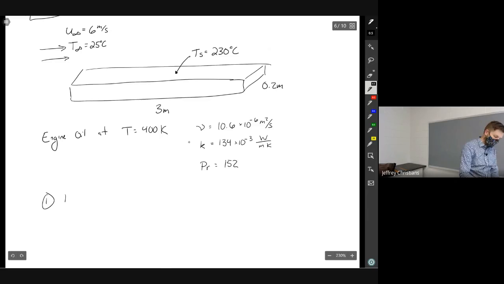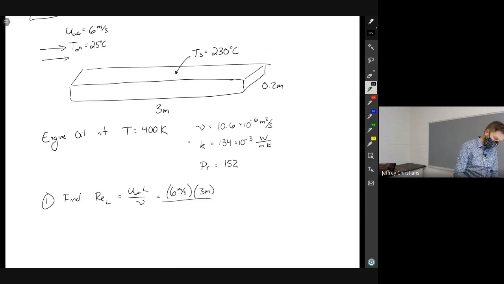So step 1 is find the Reynolds number at the end of the plate to see what type of flow it is. It's certainly going to be laminar over the first little bit, but is it going to flip to turbulent? 6 meters per second times 3 meters divided by 10.6 times 10 to the minus 6.